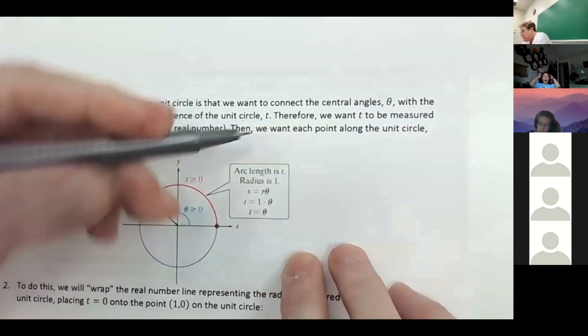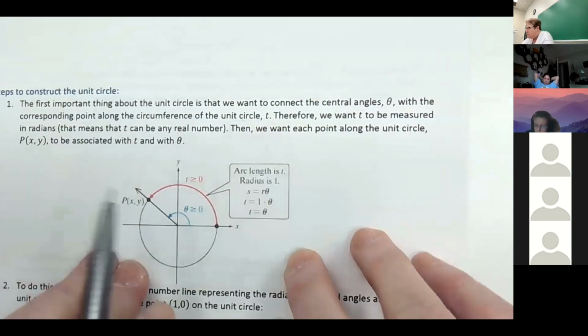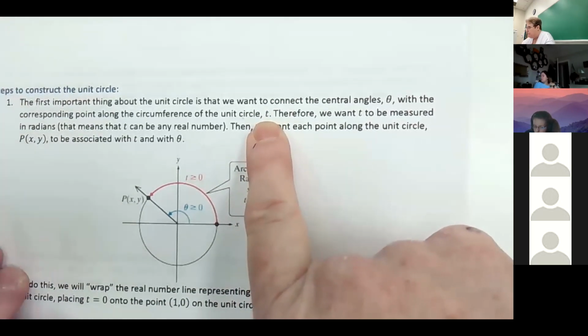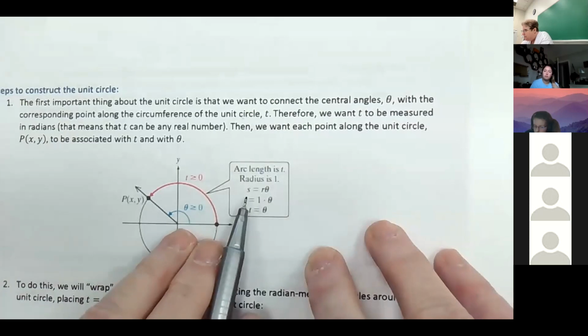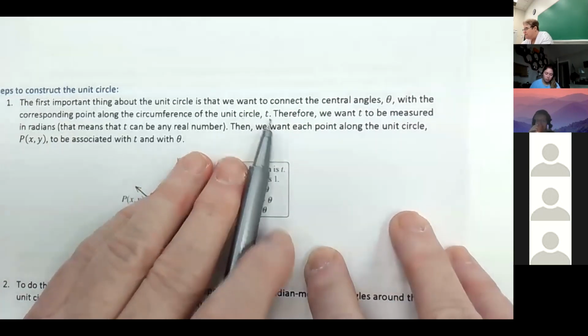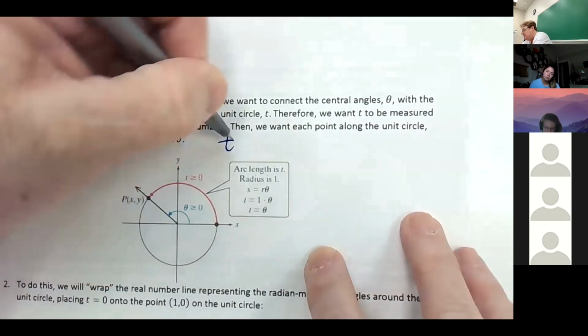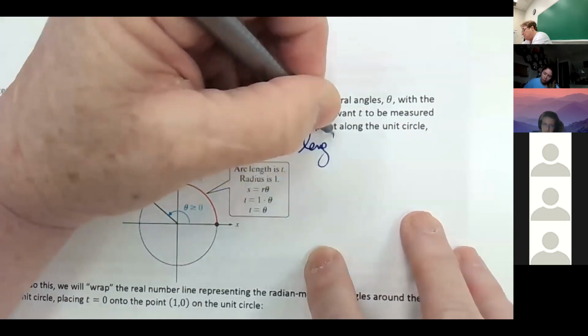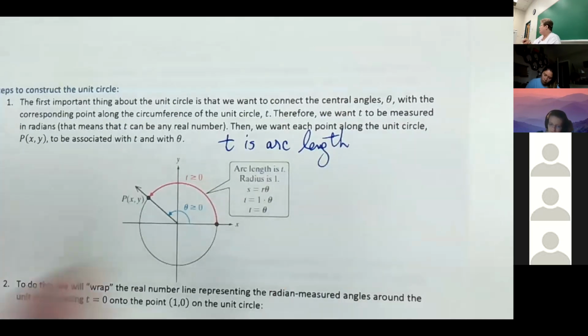Oh, I see. I forgot that we were doing this. So on the unit circle, only on the unit circle, instead of S being used for arc length, we use T. So T is the arc length. Instead of S, only on the unit circle. Not that it's just the letter that is normally used.